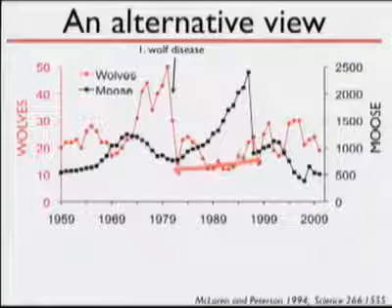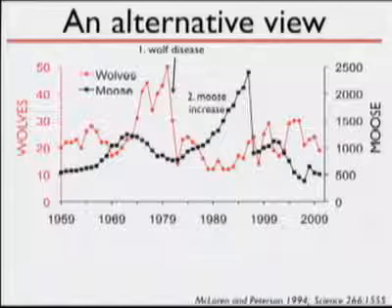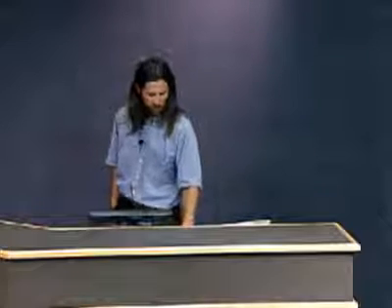Okay? Well, after the wolf disease, what we see is that the moose population increased. And after the moose population increased, there was a long period, and I'm not showing you the data in detail, but there's a long period where the growth in balsam fir declined for many, many years in a row in response to that large number of moose. That idea was published in a paper in 1994 by Brian McLaren and Rolf Peterson.